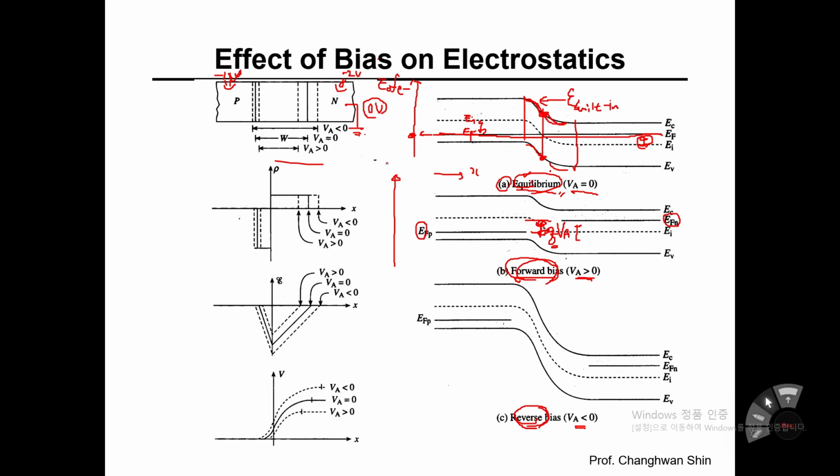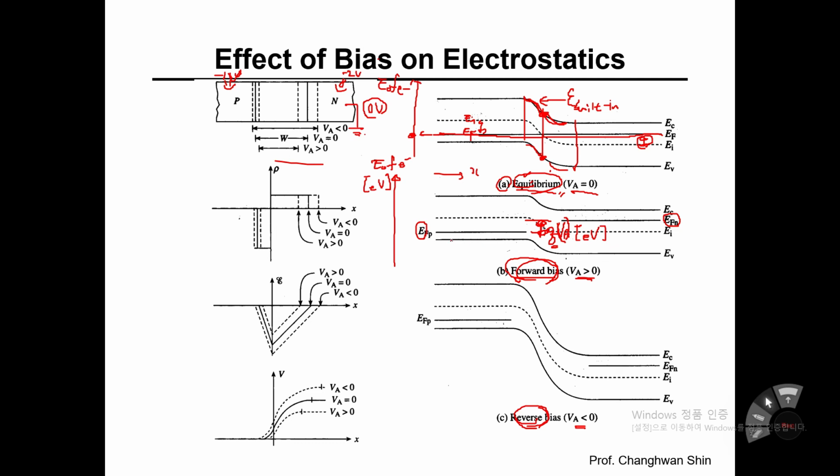Yes, the y-axis indicates the energy of electrons, so the unit is electron volt. So instead of VA, I'm always using q times VA to have the right unit on the energy band diagram.